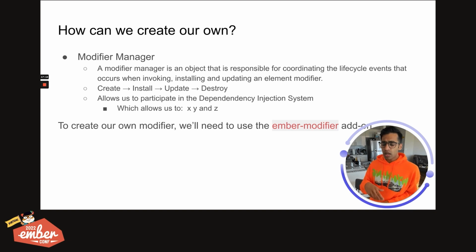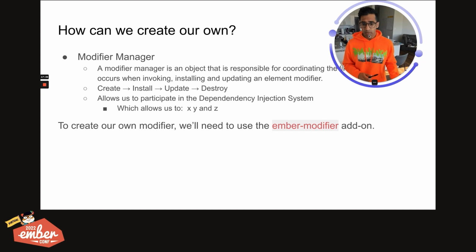There's what we do when any of the properties that we're relying on, so maybe arguments that we've passed into our element modifier, update. And then, of course, if that element is being removed off from the DOM, we want to make sure to destroy any listeners we have and avoid any stale closure that we might run into.